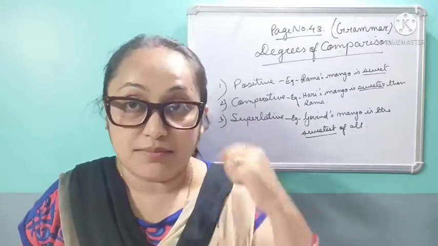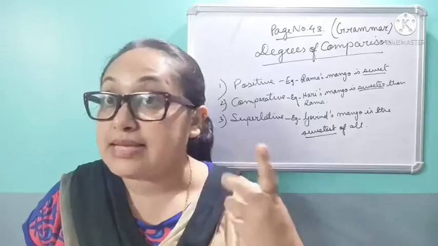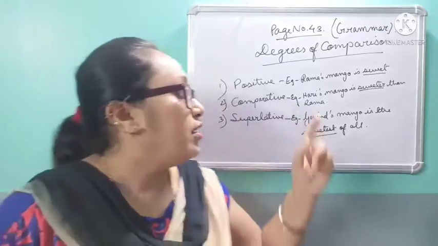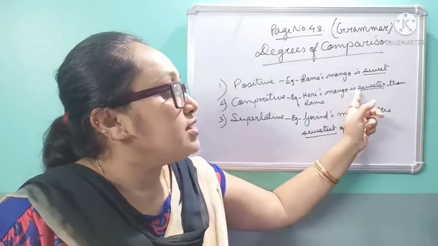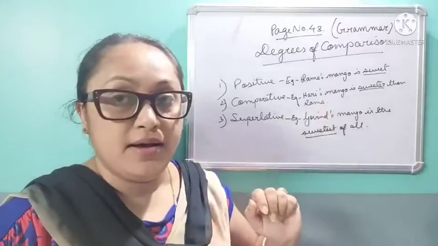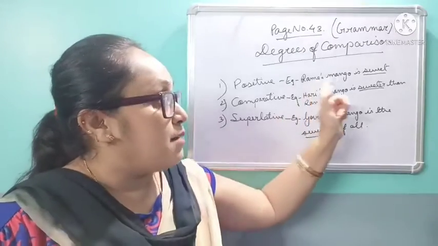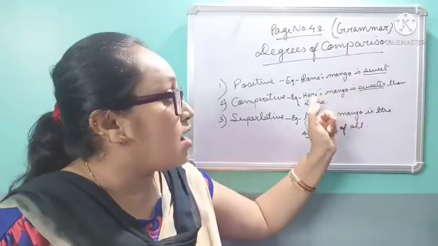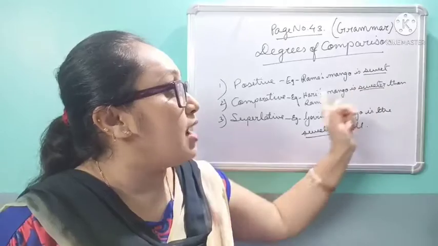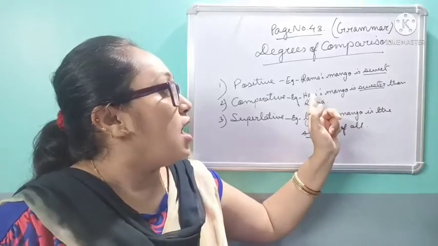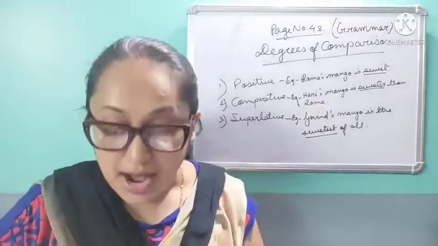Comparative degree means, by the word only we can say, that there is some comparison. Clear? Hari's mango is sweeter than Rama's. Rama's mango is sweet, and now Hari's mango is sweeter than Rama's. We are comparing Hari's mango with Rama's mango.